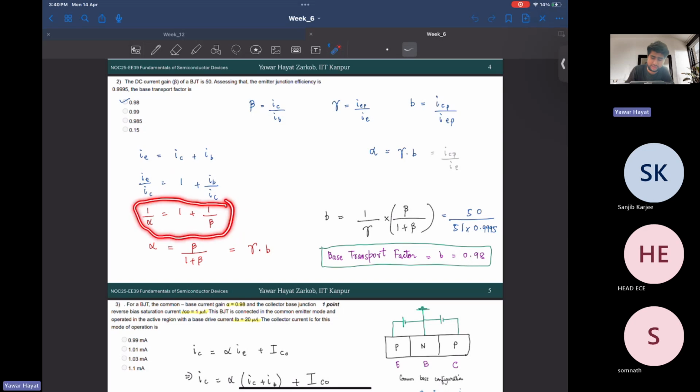Can I write this? 1 by alpha equals 1 plus 1 by beta. And then if I take the reciprocal, alpha is beta divided by 1 plus beta. And I can write this as gamma times B, right?